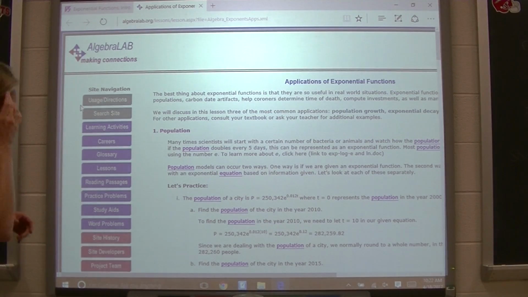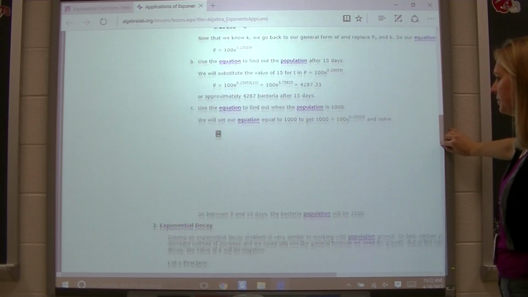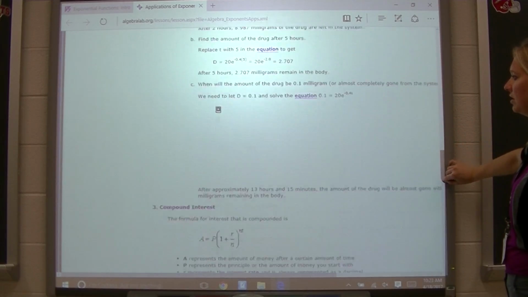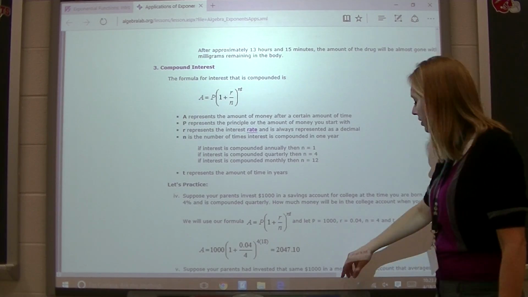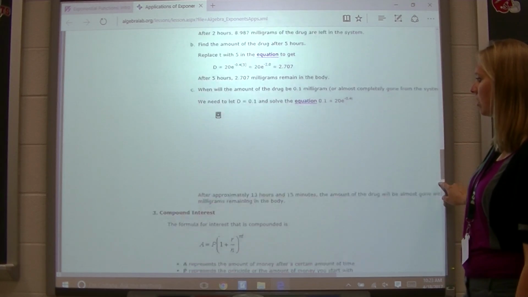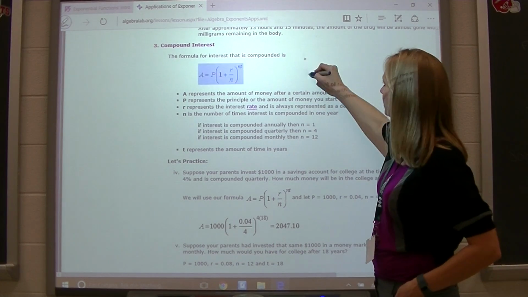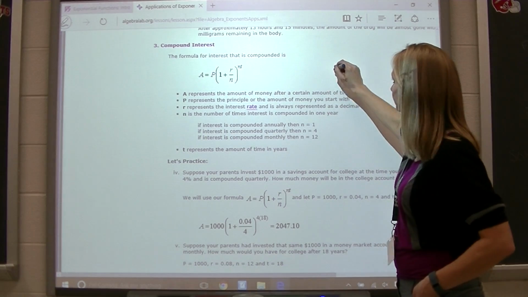So let's go to this, and let me scroll down so I find it. You need to write this equation down and I'll show it to you. Okay, compound interest formula. Oh, I can't write on here.